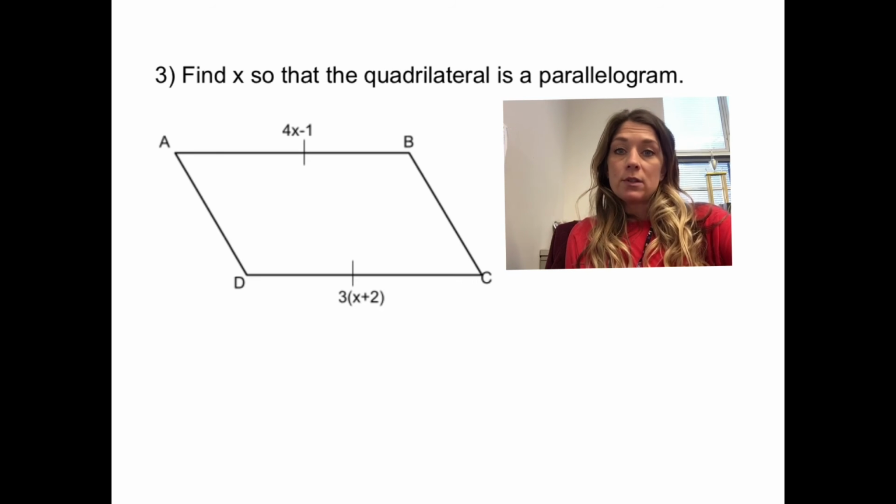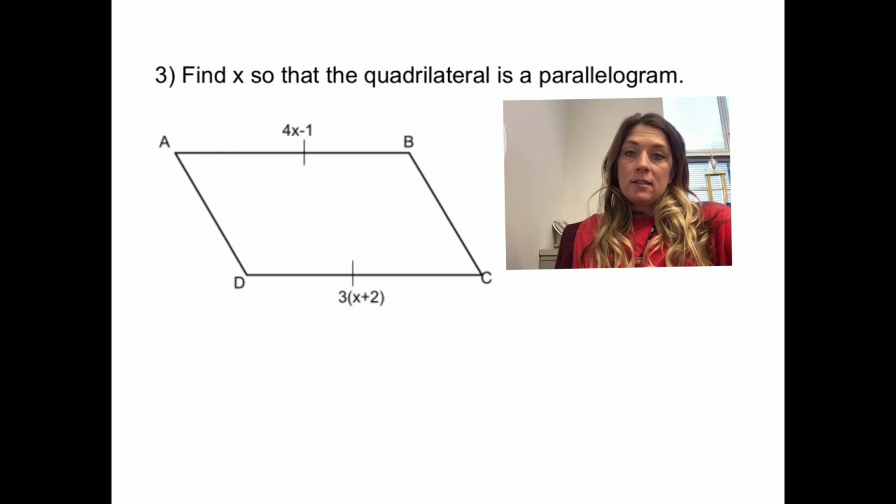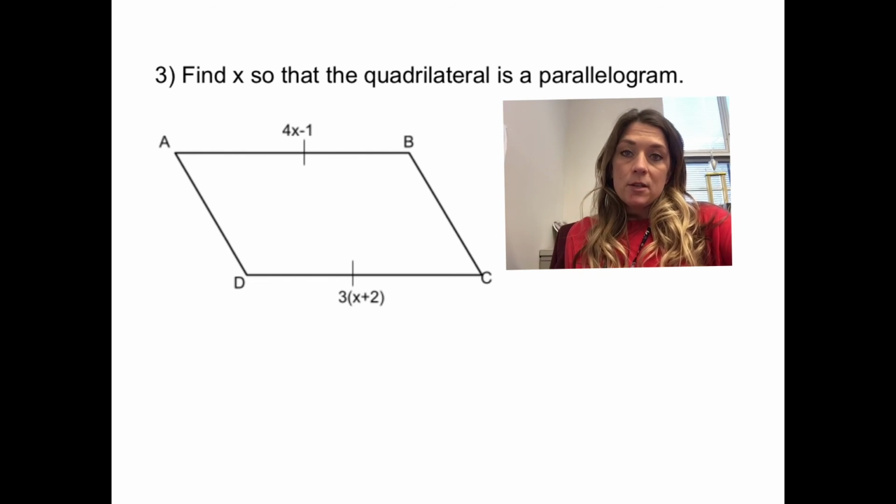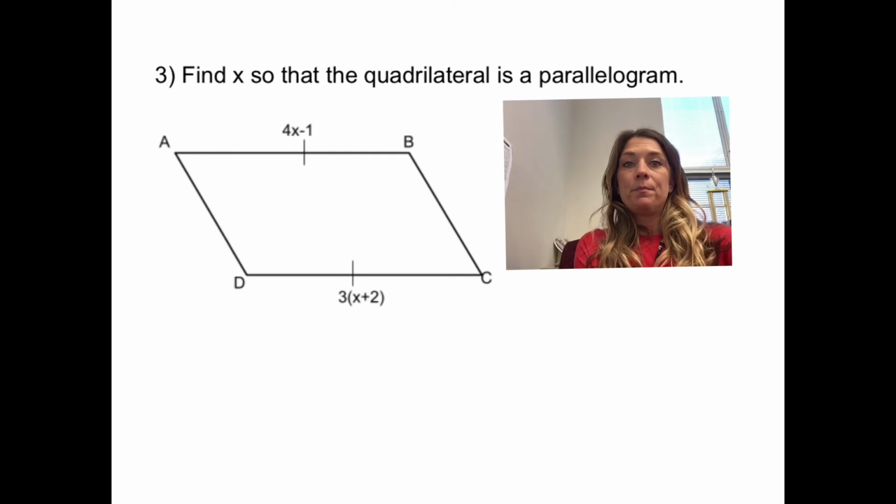So we're going to assume that this is a parallelogram. We want the opposite sides to be congruent in order for that to be true. So we're going to assume that they are, set them equal to each other, and find that value of x that would make them equal to each other, and therefore make this quadrilateral a parallelogram.